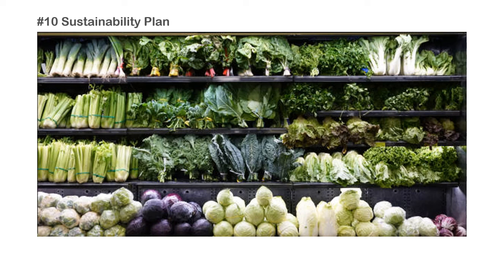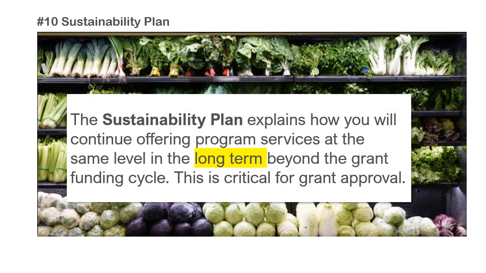And number 10 of 10, the last component of a standard grant proposal, is called a sustainability plan. The sustainability plan explains how you will continue offering program services at the same level in the long term, beyond the grant funding cycle. This is critical for grant approval.